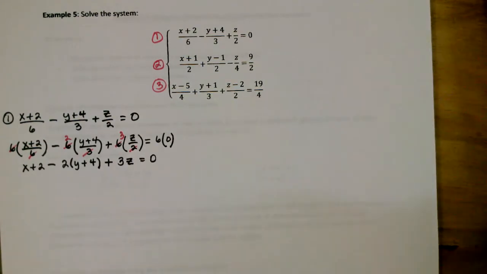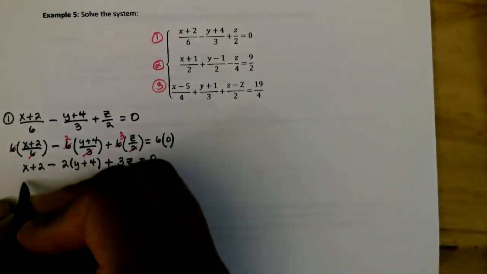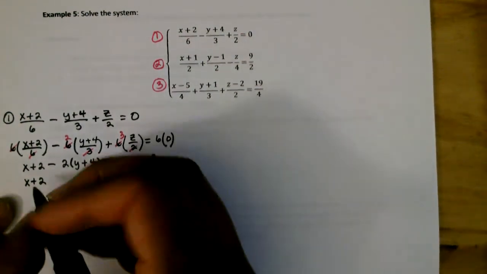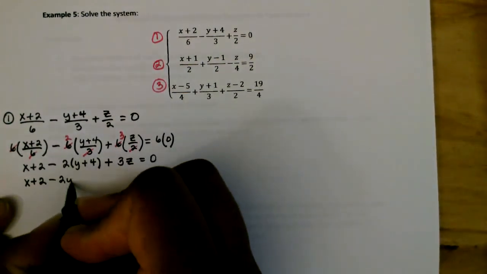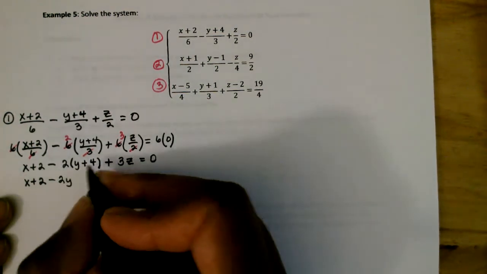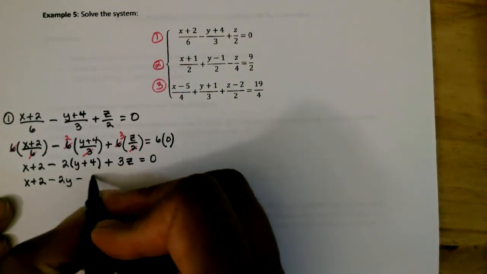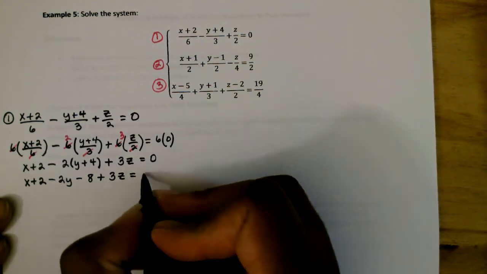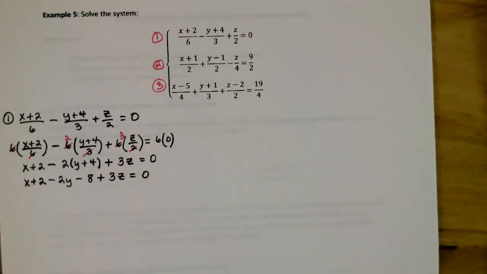Now let's simplify the left-hand side. Bring down this x plus 2. And if I do minus 2 times the y, that's going to be minus 2y. And if I do minus 2 times the plus 4, that's going to be minus 8. And then plus 3z is equal to 0.